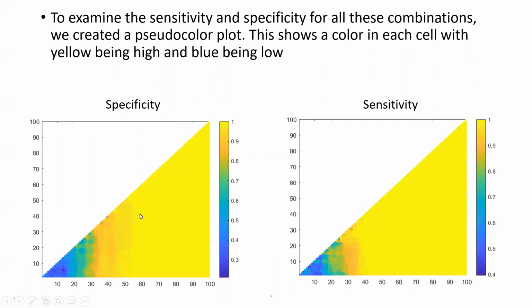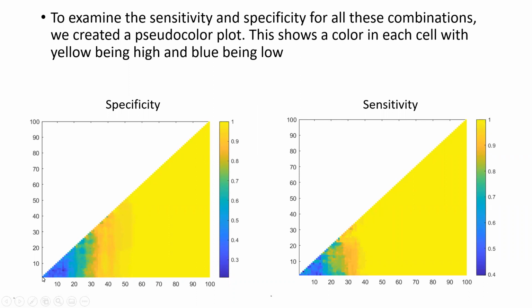What you can see here is a 100 by 100 grid of squares. Everything above the diagonal is white because those aren't choices of time frames that you can have. The vertical axis is the choice of starting time frame, so you'd be starting from 1 down here, for example, and the horizontal is the ending snapshot or time frame.